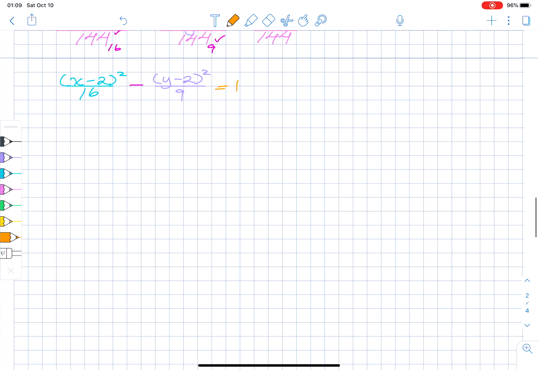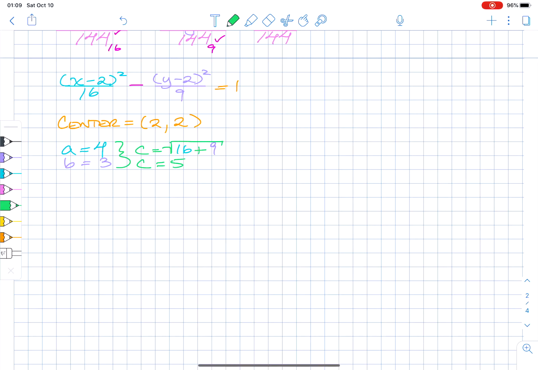So we know that the center is going to be h comma k, 2 comma 2. A is 4 and B is 3. So together, C is going to be the square root of A squared plus B squared, which is the square root of 25, or 5.